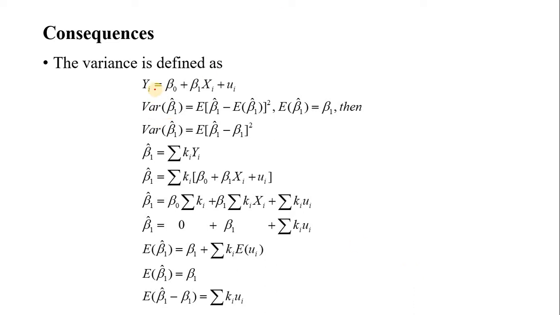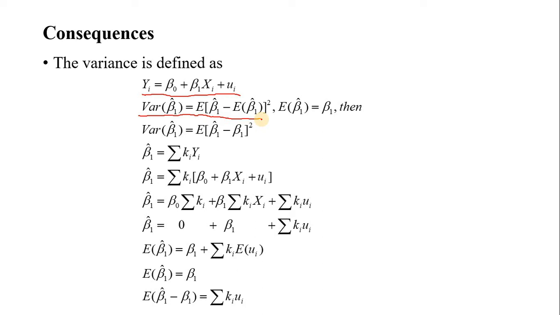We have an equation yi equals beta 0 plus beta 1 xi plus ui. Then what is the variance of beta 1? It is expected beta 1 minus expected beta 1, whole square, because the variance of u is expected ui square.